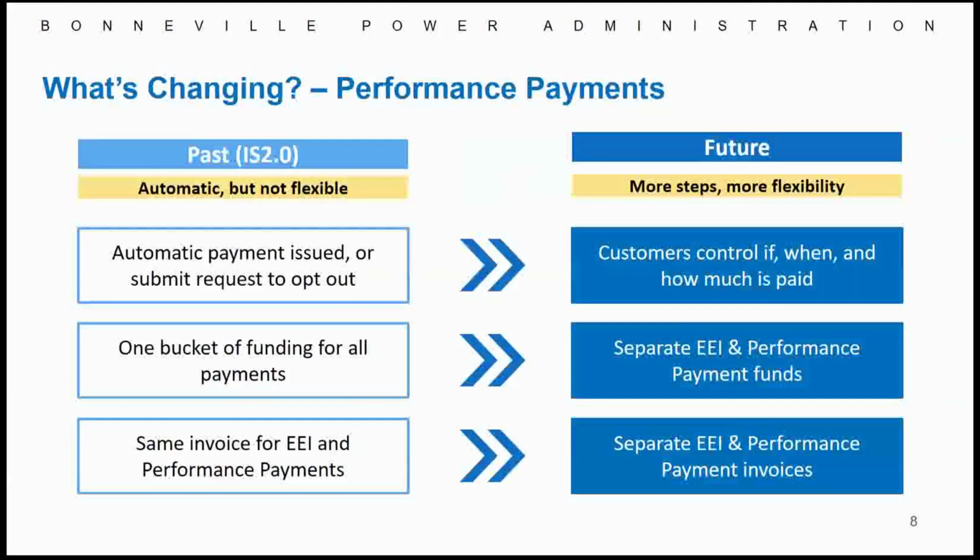Now in BEETS, it takes a couple more steps, but it's also more flexible. So you decide when you want to claim that performance payment after you've invoiced for the EEI activity.